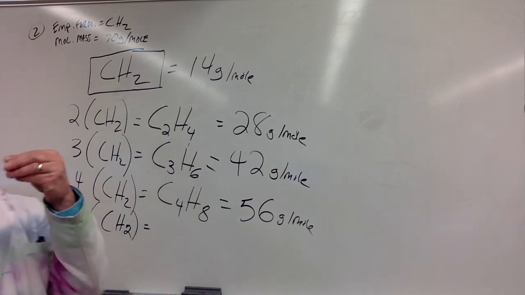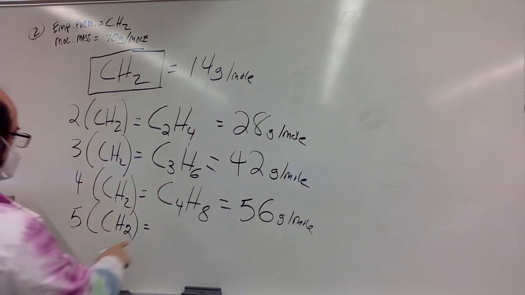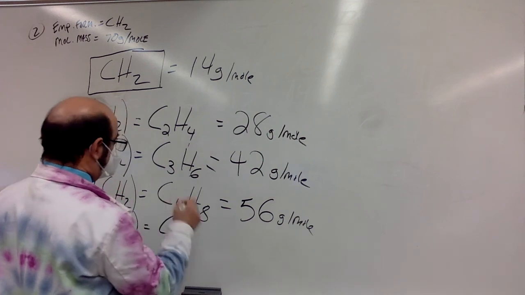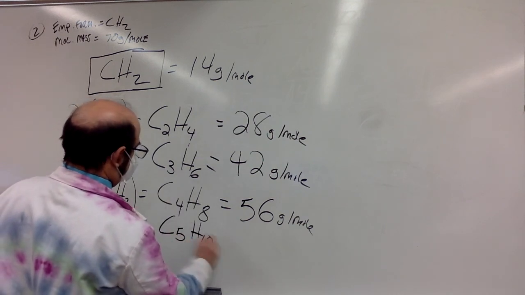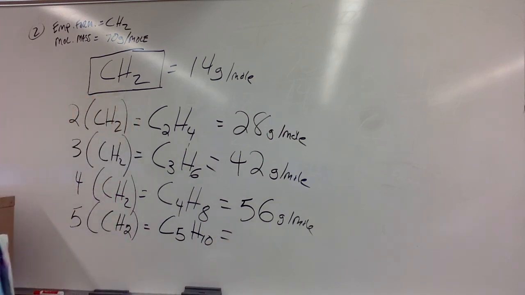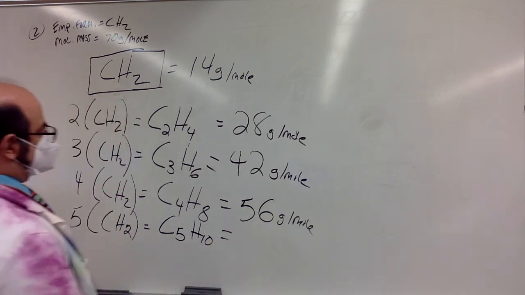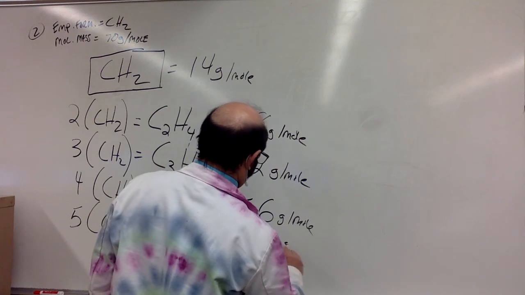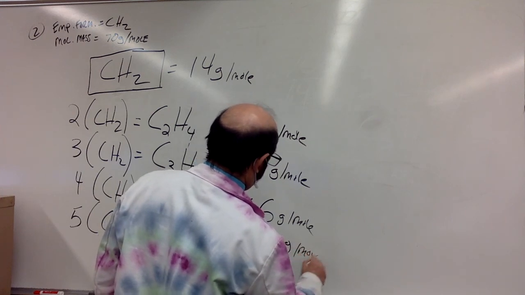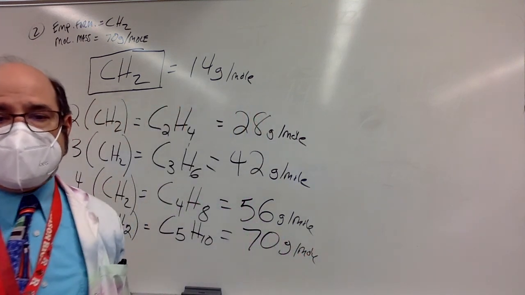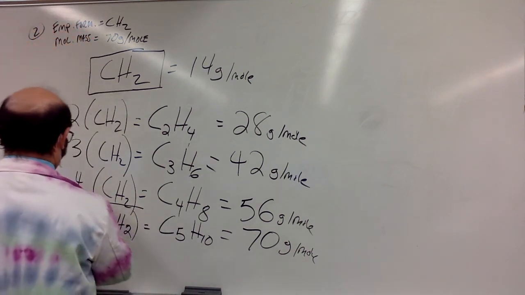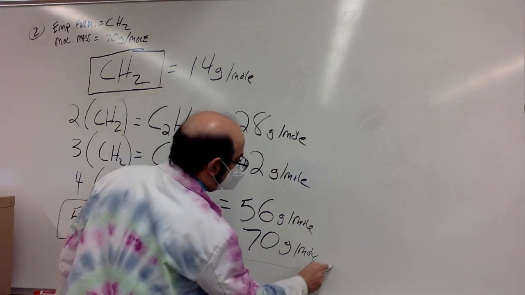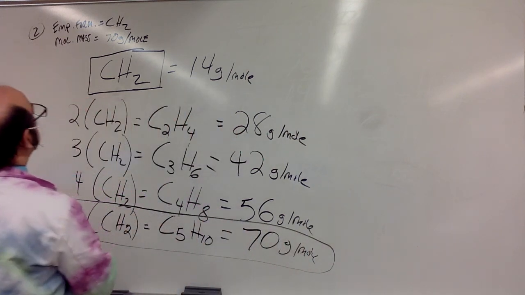So there's 5 of those little pop-ups together, giving us a molecular formula of C5H10, which gives us a molar mass of 70 grams per mole, which, by the way, is the answer to the previous question, right? Because that was the formula.